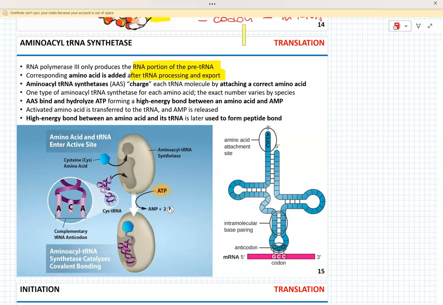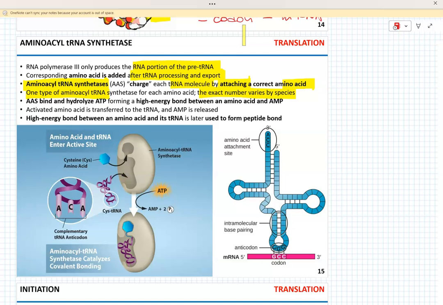An enzyme called aminoacyl tRNA synthetase charges the tRNA molecule by attaching an amino acid. Each amino acid is attached by its own unique aminoacyl tRNA synthetase. However, the exact number may vary by species because in some cases there is more than one aminoacyl tRNA synthetase for a single amino acid.